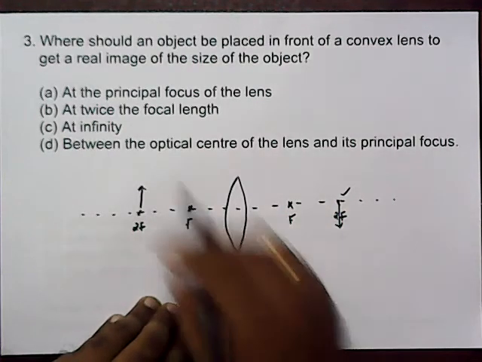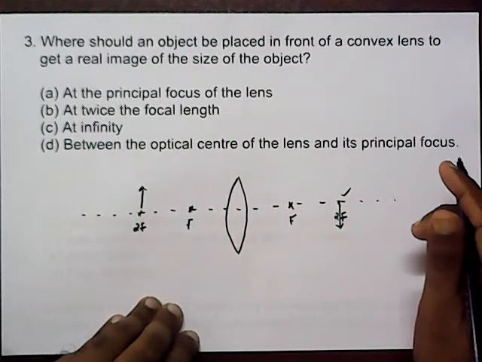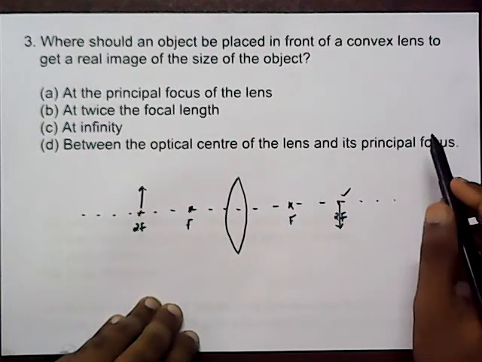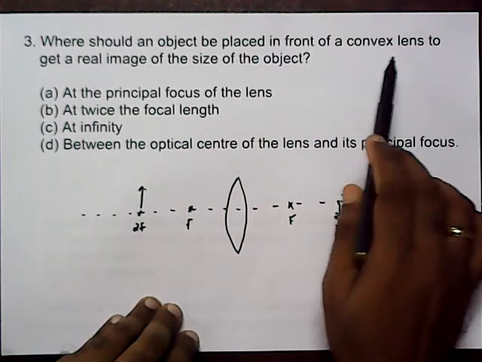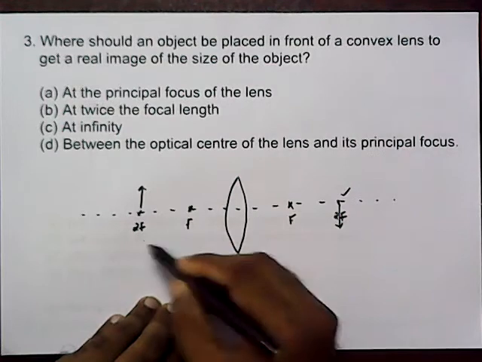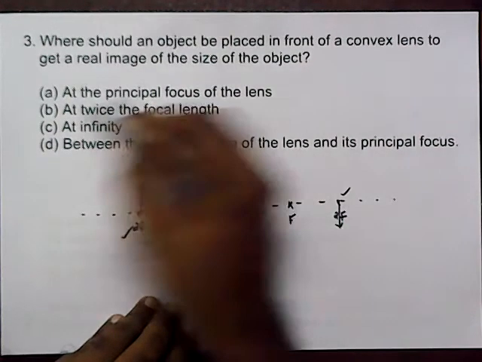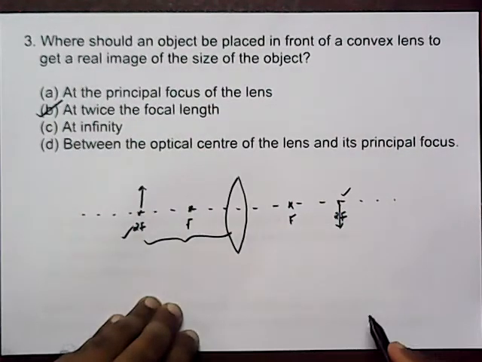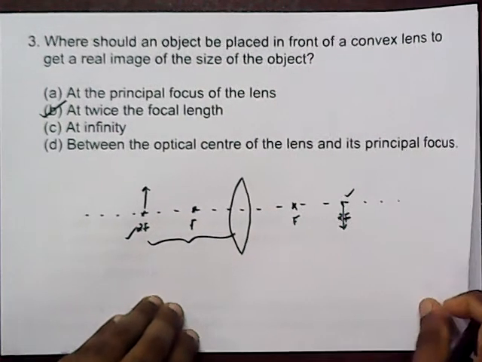And the same size as the object, that is a speciality. So here the question is, where should an object be placed in front of a convex lens to get a real image of the same size? So we have to say 2f, at twice the focal length. So we can say the answer is B. A good concept.